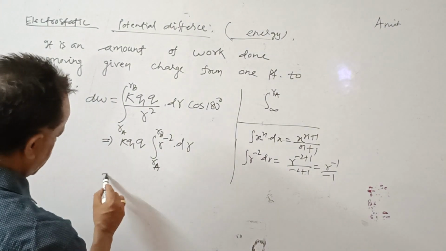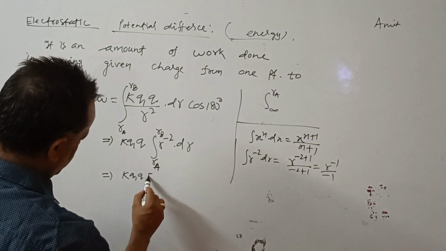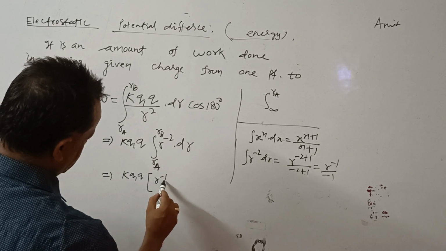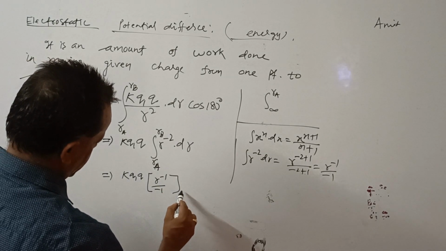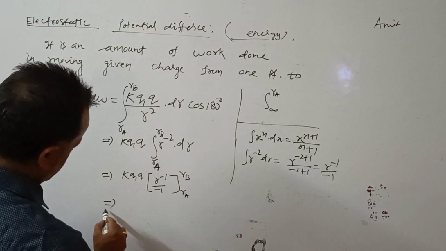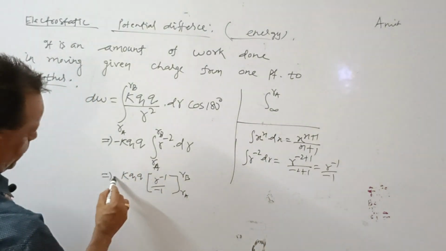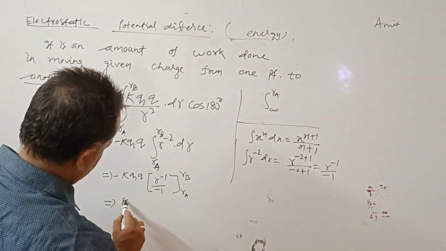So it becomes K q1 q, R to the power minus 1 upon minus 1, from RA to RB. With cos 180 we had minus 1, so the minus minus gets cancelled out.